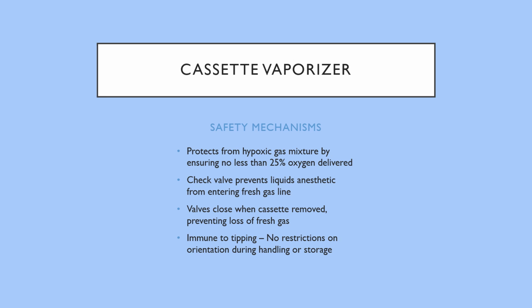Safety mechanisms of the cassette vaporizer include protecting from a hypoxic gas mixture less than 25% oxygen, and a check valve that prevents the liquid from entering the fresh gas line. If the cassette is removed, valves close, and that prevents a loss of the fresh gas. And then the design of the cassette is immune to tipping, so it has no restrictions on orientation during handling or storage.